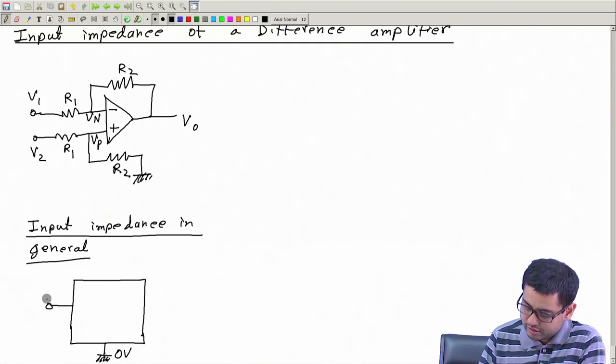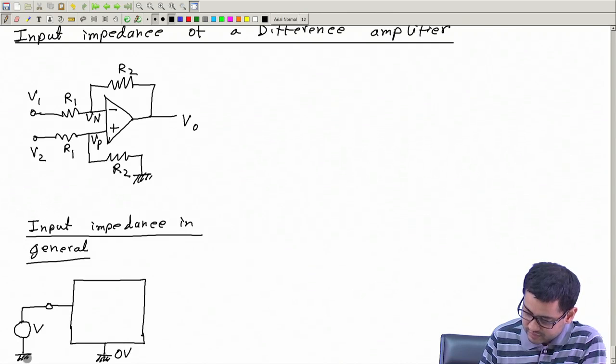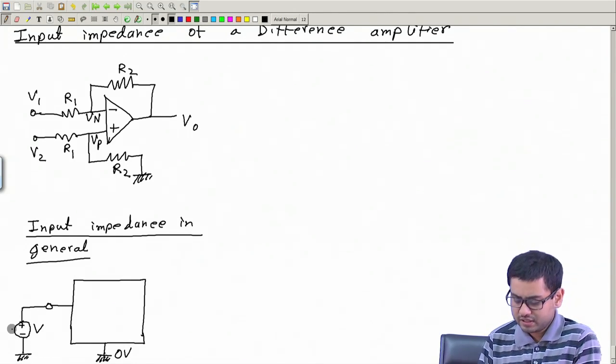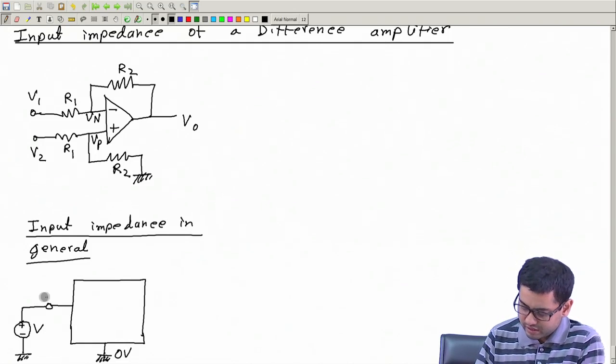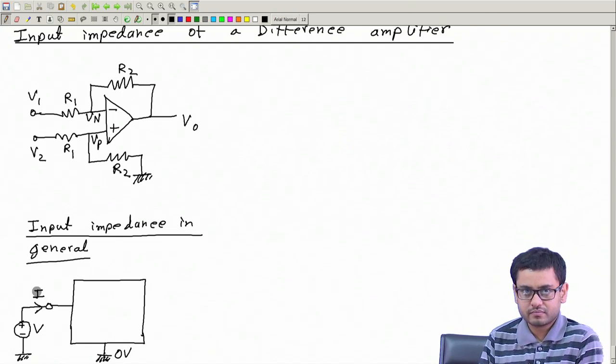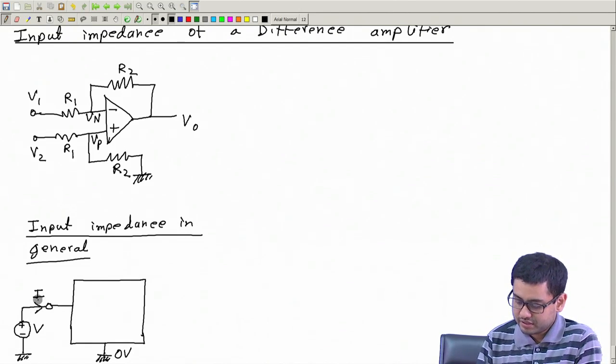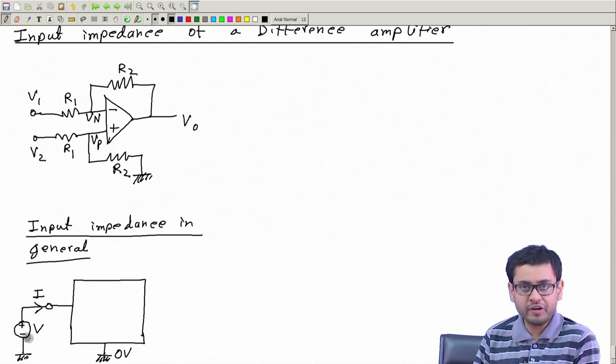Now, what we can do is connect a voltage source between this input terminal and the ground, call it V, plus on this side, minus on this side. If we do so, it may draw some current I. Then we will call the input impedance of this terminal this input voltage divided by this input current.